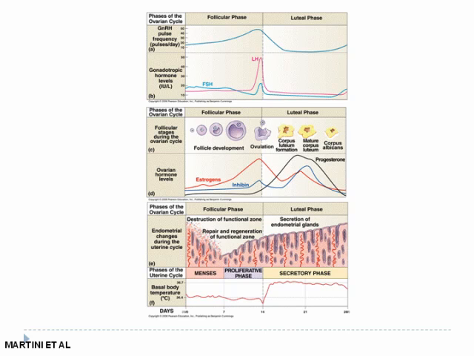And the other thing that they show that they don't show in your textbook is this basal body temperature. A lot of times when women are trying to predict ovulation, they measure their basal body temperature because there is a slight elevation in basal body temperature at the point of ovulation. It's reliable.